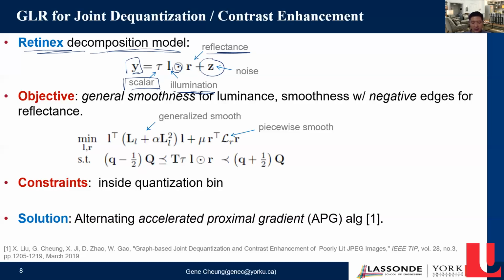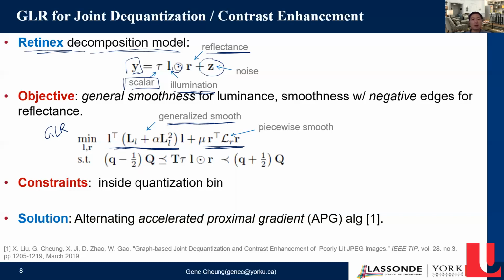So when we design the objective function, we have a term for the illumination and a term for the reflectance. They're actually variations of GLR. In the case of the illumination, instead of just L, we have L plus L squared. This is a generalized smoothness, very similar to a generalized total variation.